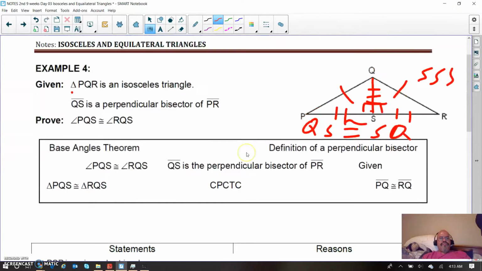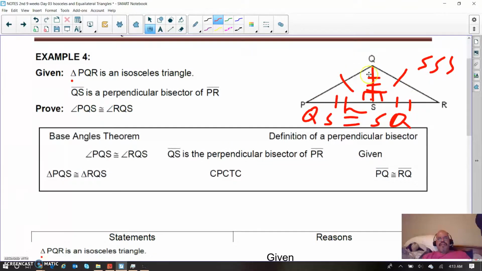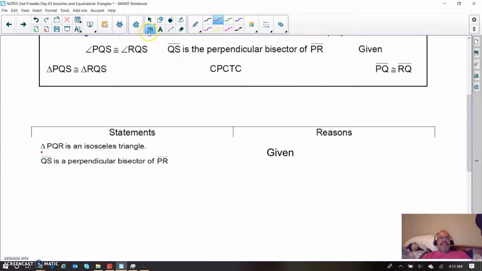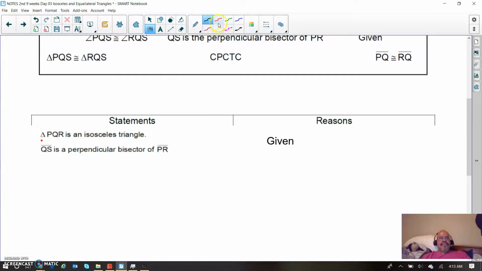Okay. So next, we're going to have PQ is congruent to QR. I'm actually going to write this out. PQ is congruent to QR.